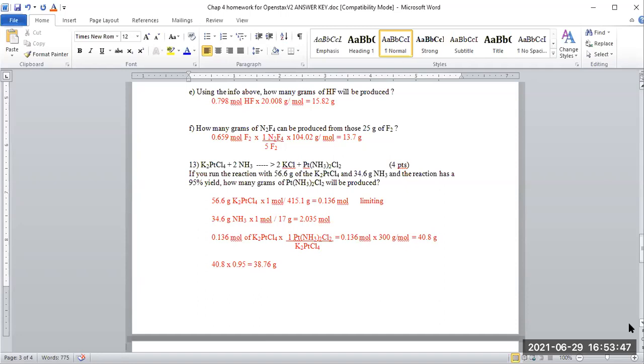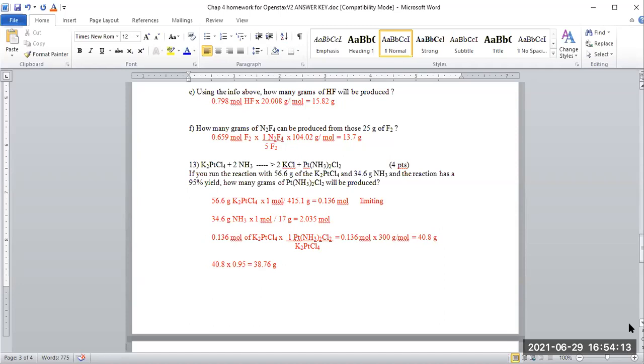So I got to figure out which one I'm going to run out of. I did the same methodology twice. Once for the potassium platinum chloride, once again for the ammonia. Obviously, the molecule that has the platinum in it weighs a lot more in terms of molar mass, 415.